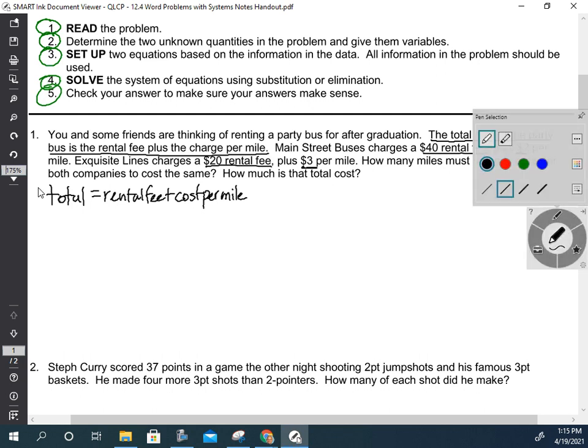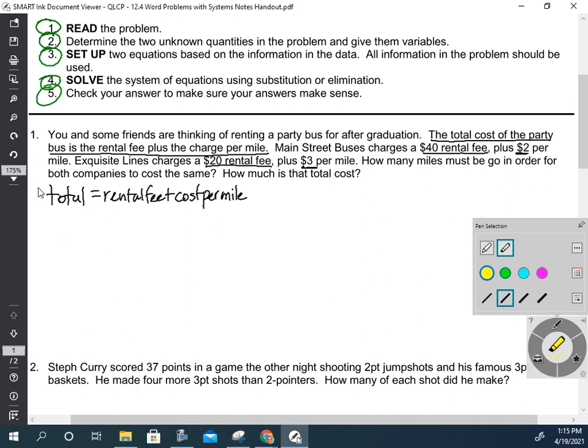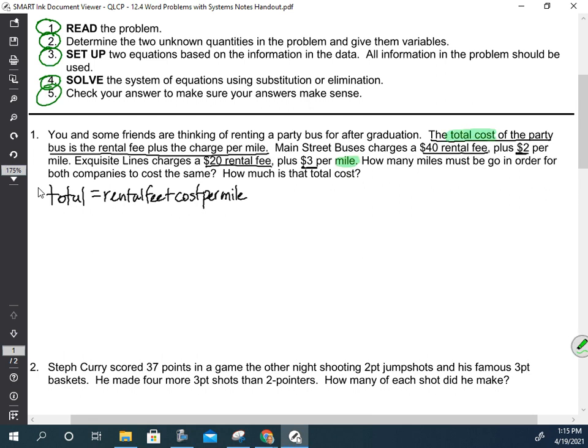What we don't know is the number of miles and the total cost. So those are the two things we don't know. We don't know how much they paid total, and we don't know how many miles they went. So those are the variables we need to assign. So X, number of miles, Y, total cost.